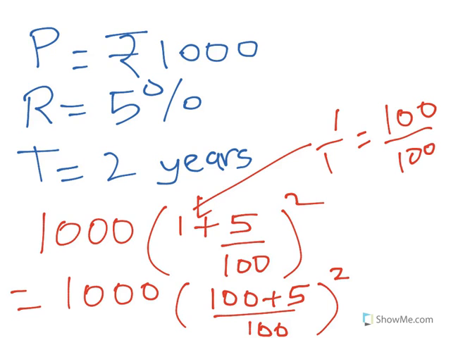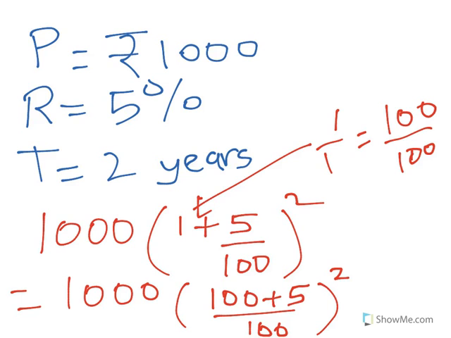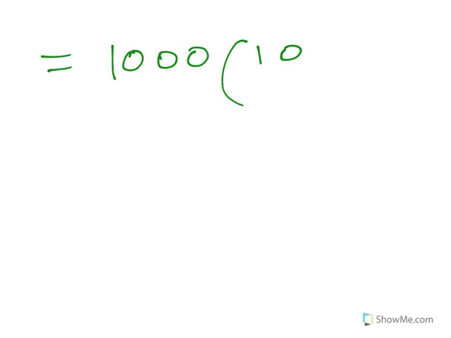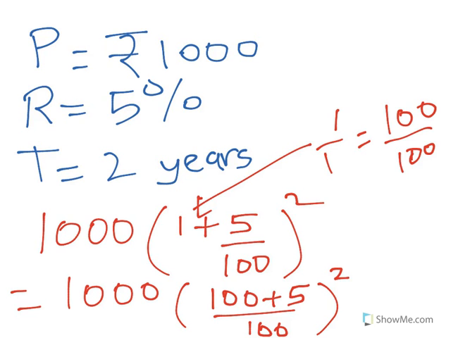I skipped a step there, because I didn't want to write it all over again. Replace the 1 by 100 by 100, and add 5 by 100. I'm now going to copy this onto the next page. This is equal to 1000 times, now look back, 105 by 100 raised to the 2.